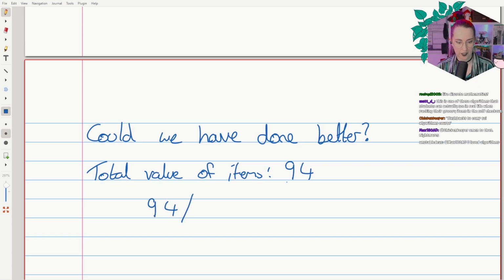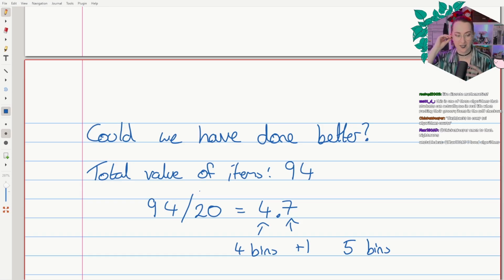So 94 divided by 20, say we fully fit as many bins as possible, is precisely 4.7. Okay, so 4 full bins with remainder, plus 1 from the remainder. So the lower bound is 5 bins. They physically cannot fit into 4 bins. There's too much stuff there.